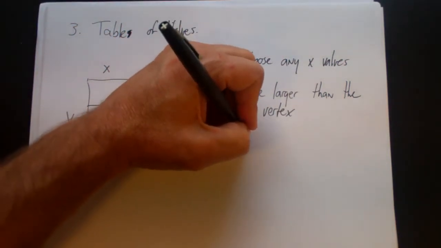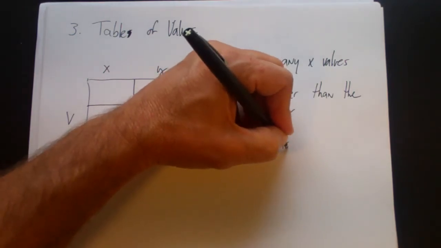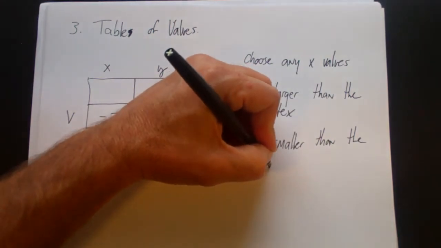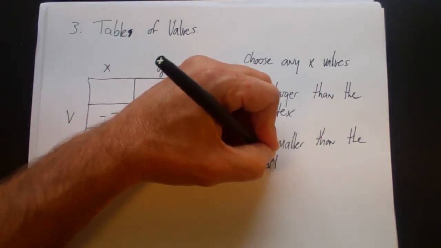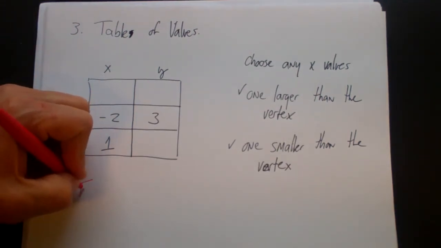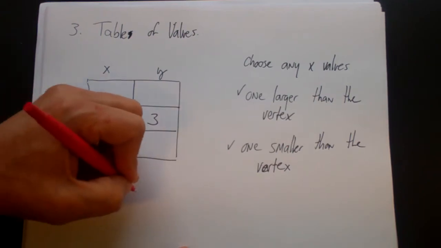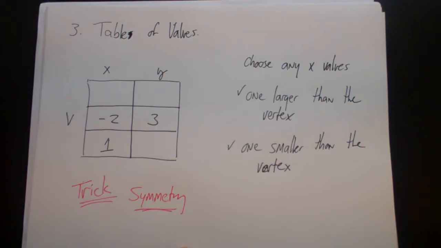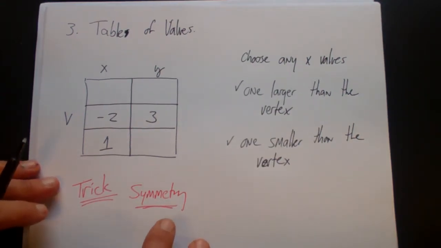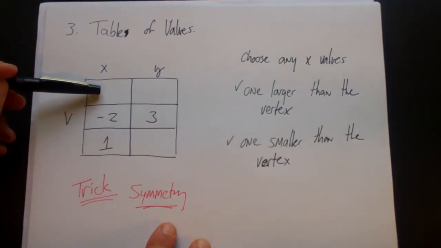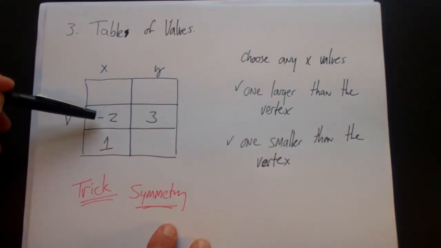And then also I'm going to choose one that's smaller than the vertex. Now there's a trick here, and you don't have to use it, but it's going to help me. I use the symmetry of a parabola. The trick is that I want to choose a number less than and greater than the vertex so that the distance is equal.